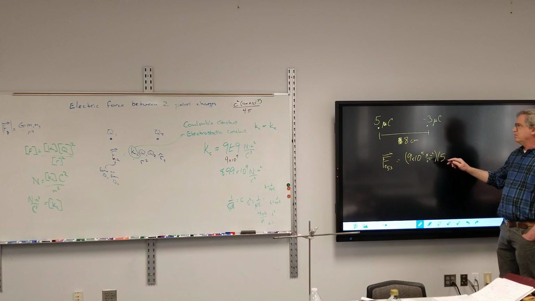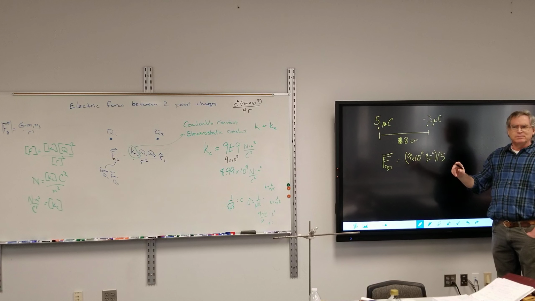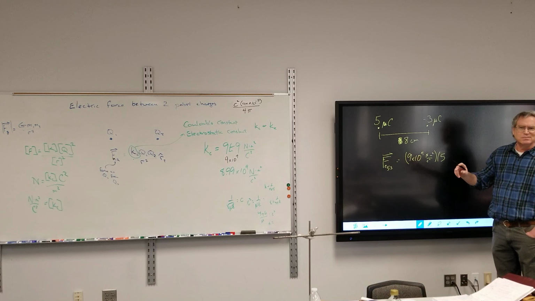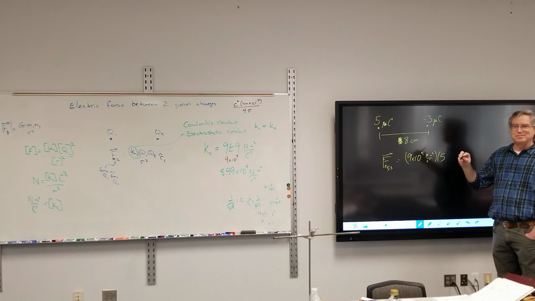Times 5 micro. What is micro? 1,000? That's kilo. 1,000th would be milli.